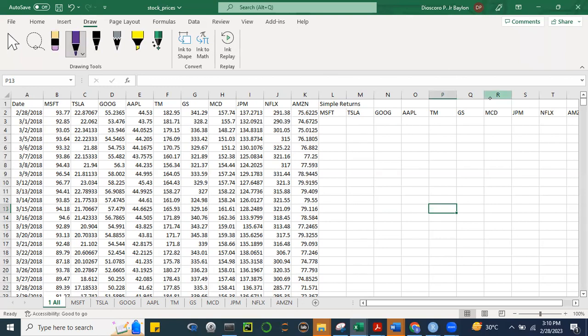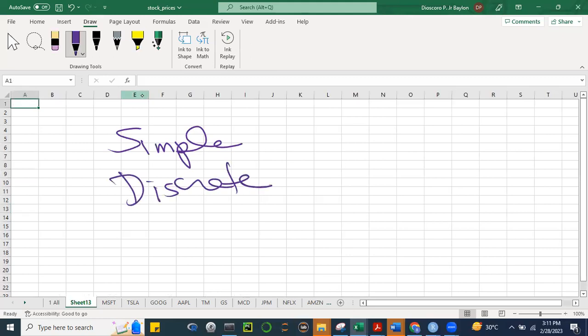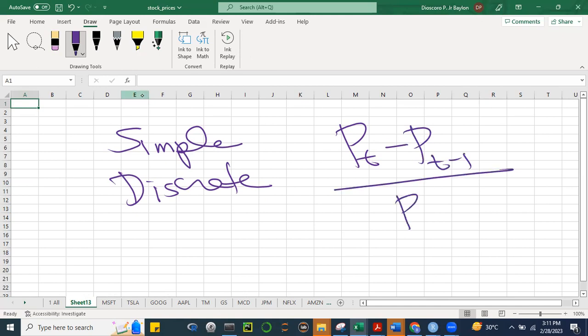Simple returns, also called discrete returns, is equal to price at time t minus price at time t minus 1, over price at time t minus 1. That's what you learned maybe in high school.